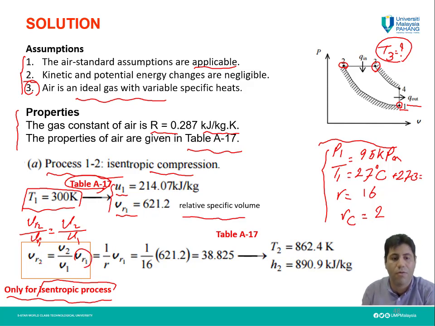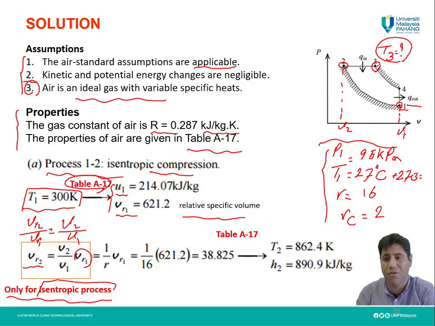Then how can we find V2 and V1 to calculate VR2, the thermodynamic property for state 2? If you notice here, V1 is here and V2 is here.